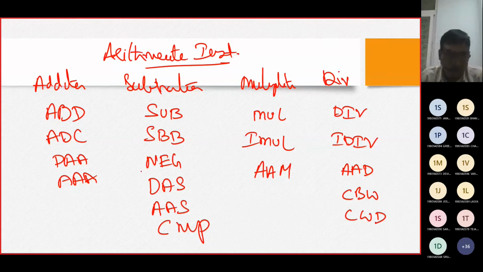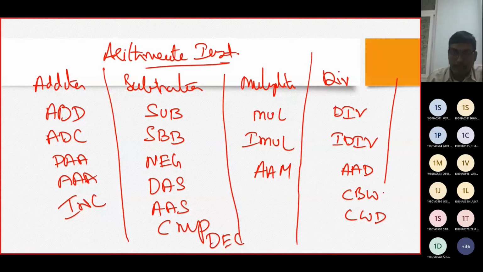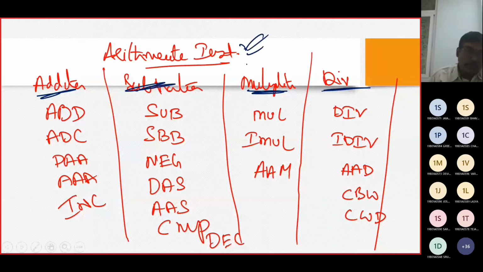Then we have an increment operation in addition, and a decrement operation in subtraction. So these are the four tabs which fall in the category of arithmetic instructions: addition, subtraction, multiplication, division.